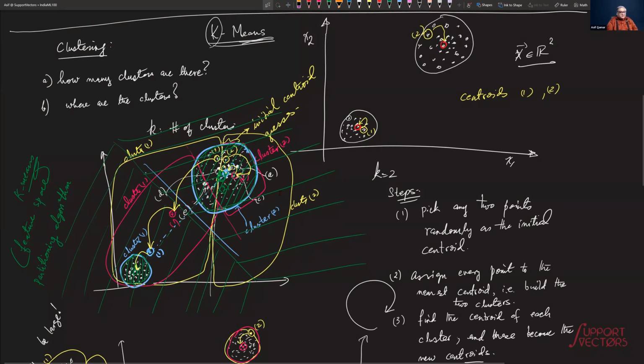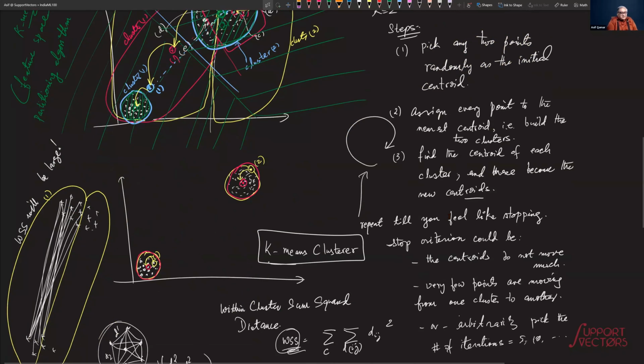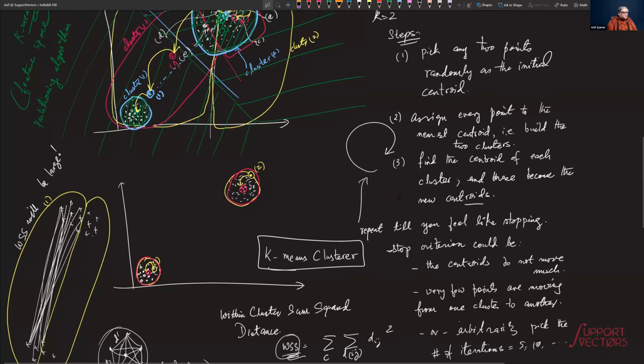The steps of k-means were just randomly pick points and declare them to be centroids, then assign all the points to the nearest centroid, and then recompute the centroid as quite literally the center of the points in each of those. So I hope you remember what we talked about and how we did the k-means clustering.